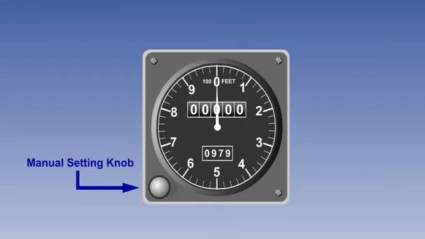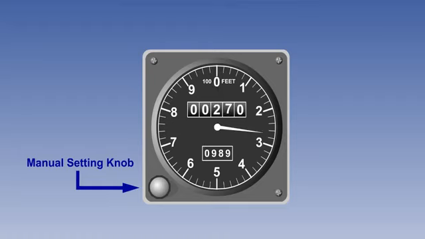The simple altimeter has a manual setting knob which is geared to the pointer. If this knob is used to set 0 on the ground, we call the altimeter setting QFE, and we say that the altimeter indicates height. These terms will be explained in more detail in the next lesson.